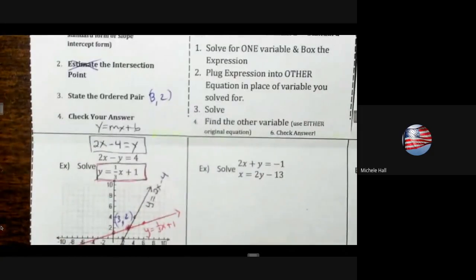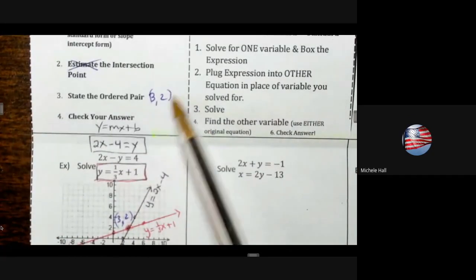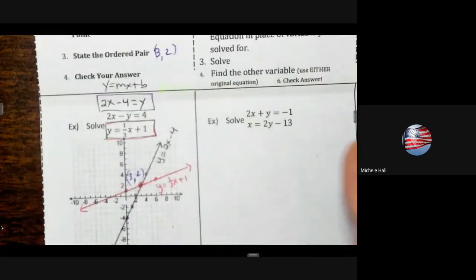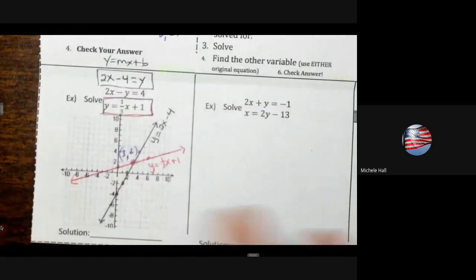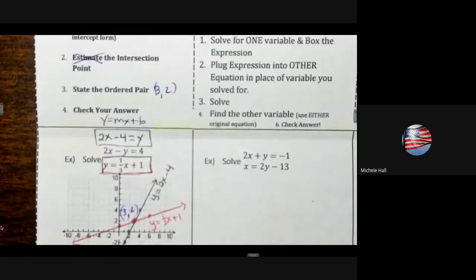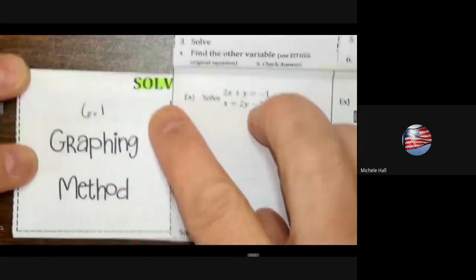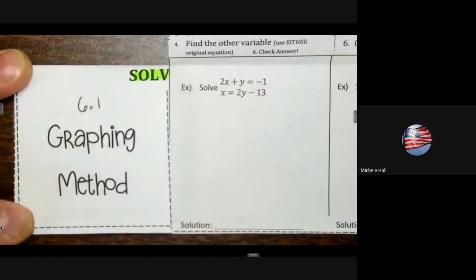What happens when your solution has a fraction? How do you know what the fraction is going to be? If you are 2/3 of the way or 3/4 of the way, and depending on how you graph it and how you try to be exact, how do you know exactly what that fraction is going to be? That is why the graphing method only works when you get exact values.